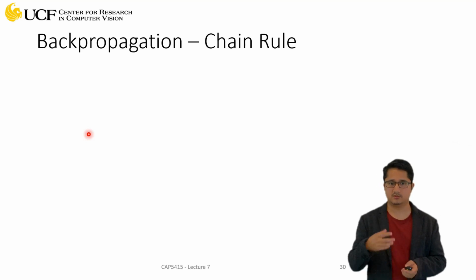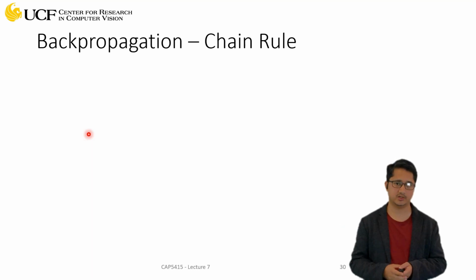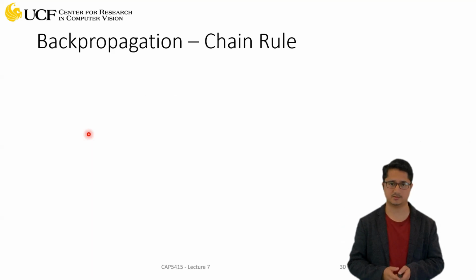All right. So now, to be able to compute derivatives for all those variables, you will have to make use of the chain rule. This is coming from your high school maths.